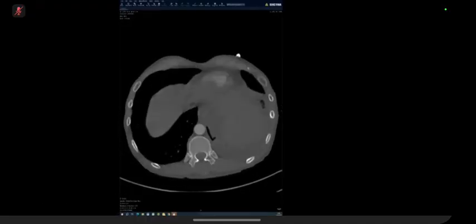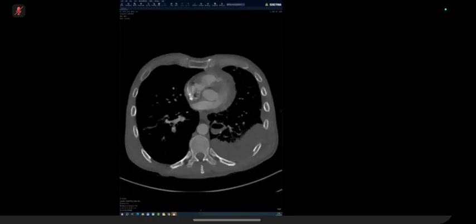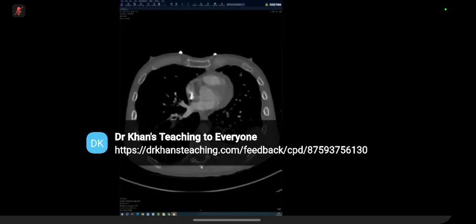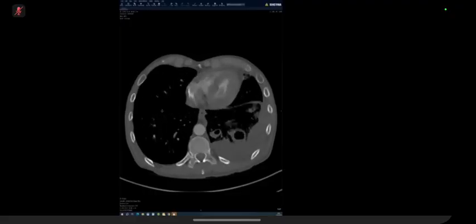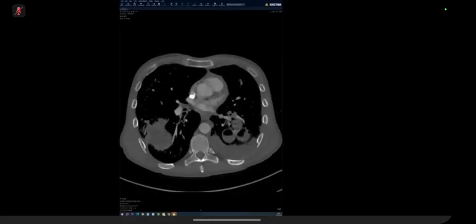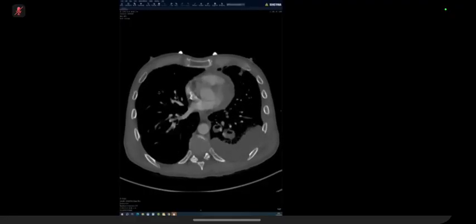So would you see endocarditis on a non-gated CT? To be honest, I am not accustomed to evaluating endocarditis on CT. But I can see that there are irregularities in the wall and the septum of the heart.